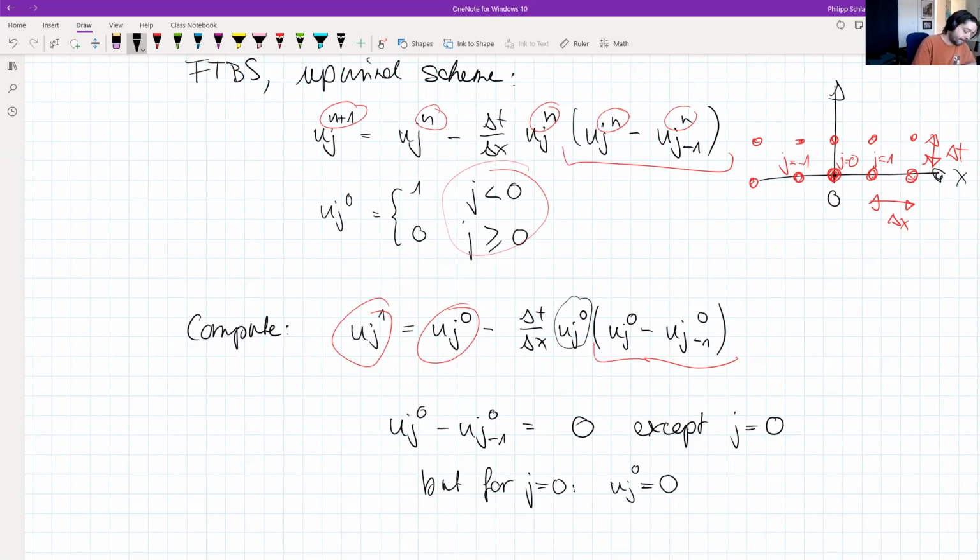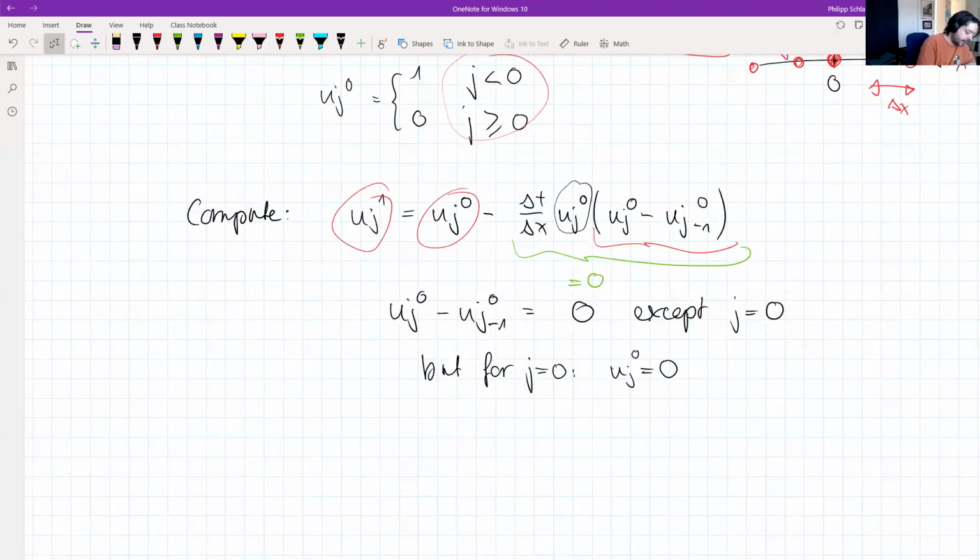That means this term is 0 for all j's, and what we get as a result is Uj1 being Uj0, valid for all j.